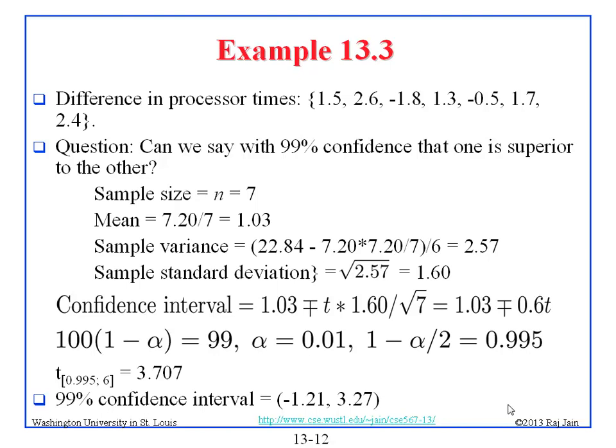Okay, so we multiply 1.03 plus minus 3.707 times 1.6, which is the standard deviation, divided by square root of n.